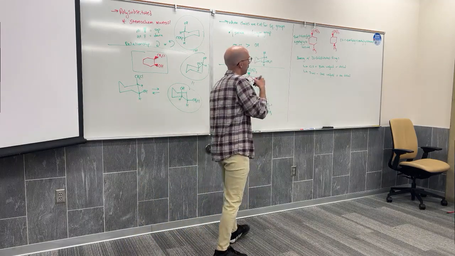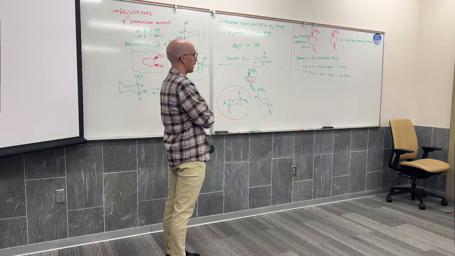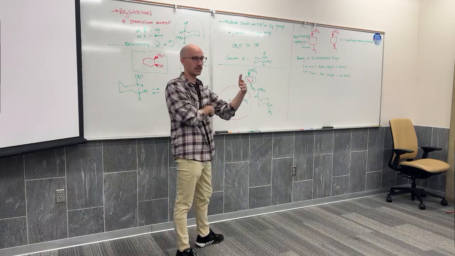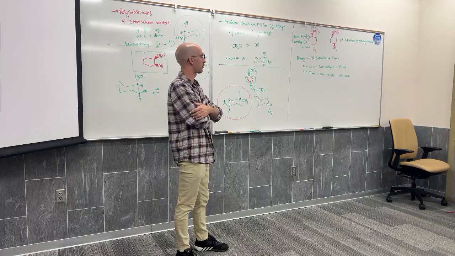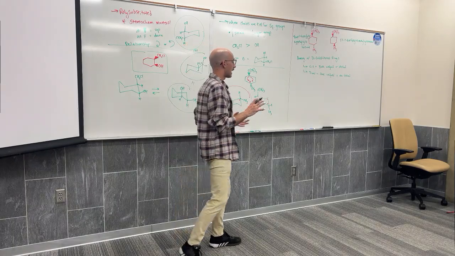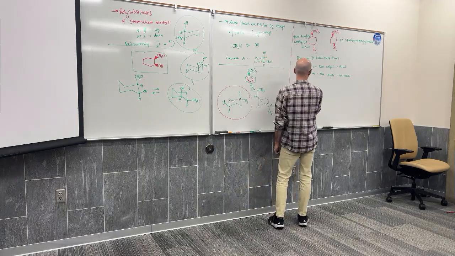And we know that they have different physical properties. They have different chair conformations, different energies, a different preferred chair conformation. And we can take this down as small as we would like to.